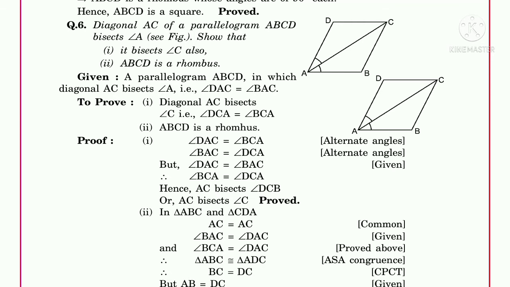If these two angles are equal, what can we say? That means AC bisects angle DCB. If it bisects, then the two angles are equal, and the angles are written BCA equal to DCA, so this is the bisector. Hence angle C is bisected, or AC bisects angle C. Is it clear? This is the proof.